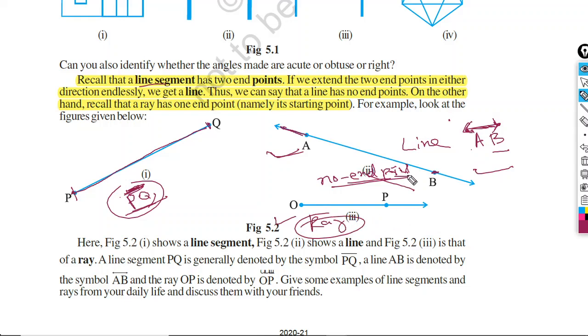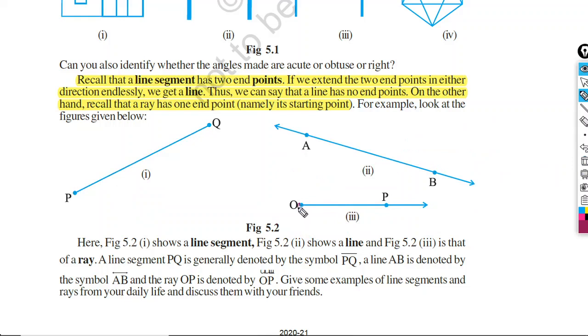Now another thing is ray. It is a little different from a line. Here you can see one endpoint is there. The name is OP, and it is moving from O to P. It has an endpoint at O, but from O towards P, it has no endpoint. That means it is moving from O to P, and we call it a ray.